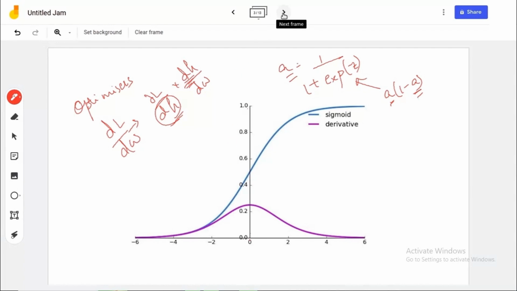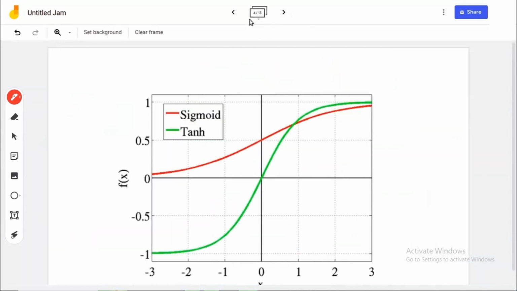So now let us move on to the next function, the tanh function. So this green line here represents the tanh function. What is the formula of a tanh function? It is e to the power z minus e to the power minus z divided by e to the power z plus e to the power minus z.